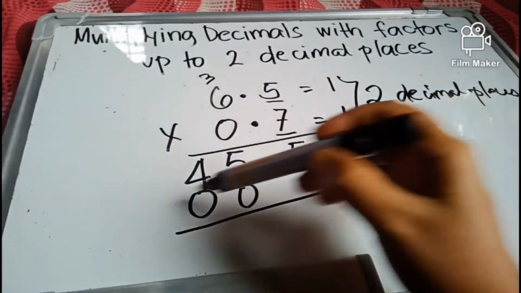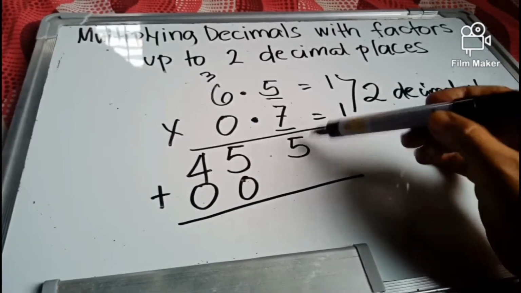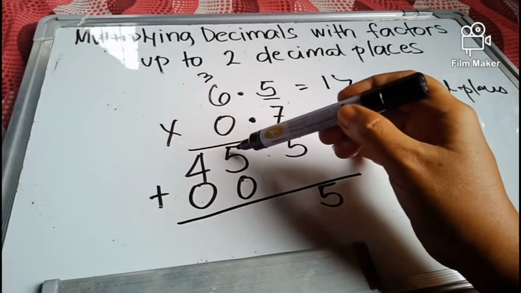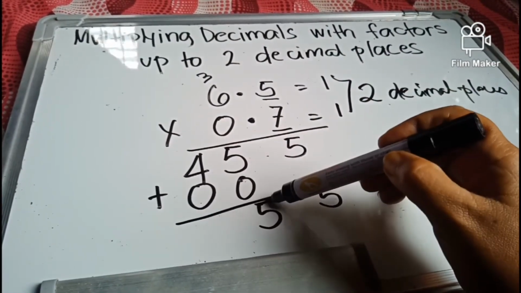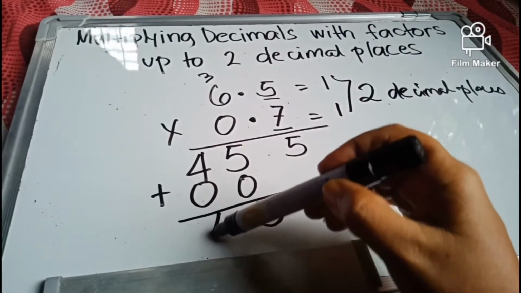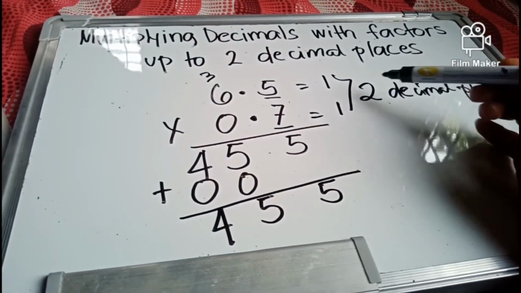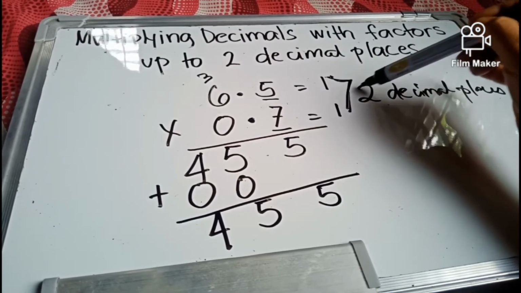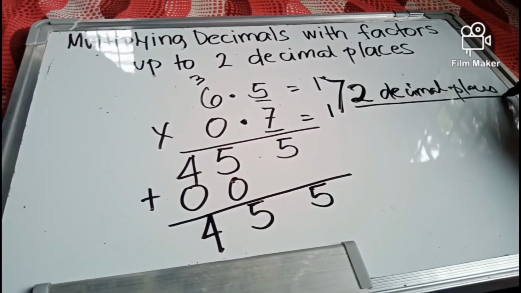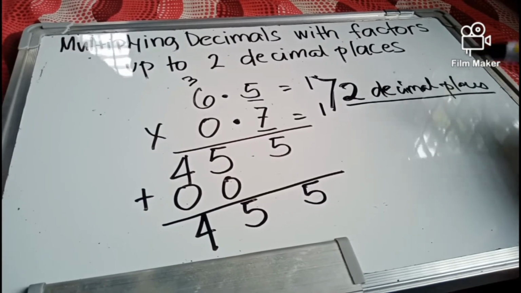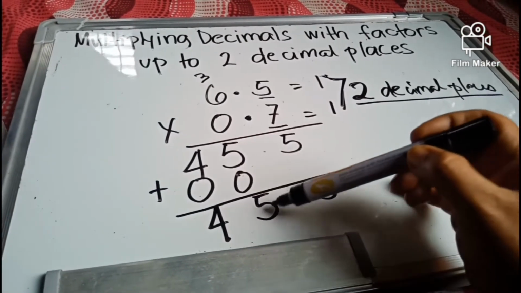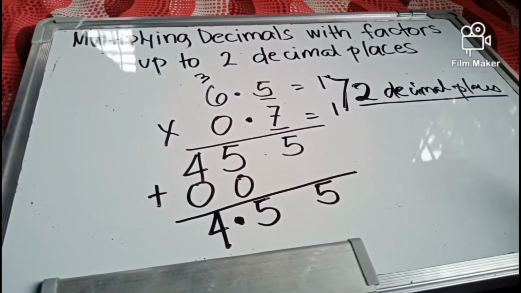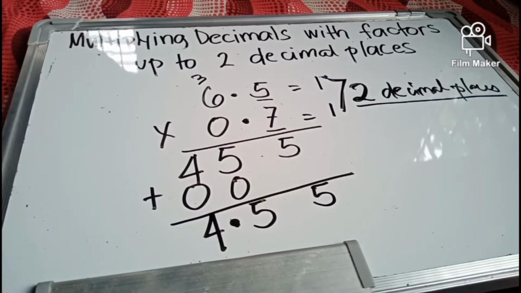And then, we will add our partial product. 5 plus 0 is 5. And bring down 4. So, since we have here 1 and 1, i-add natin lahat. Merong 2 decimal places sa ating factors. So, we will count 1, 2, and then point. That is our final product.